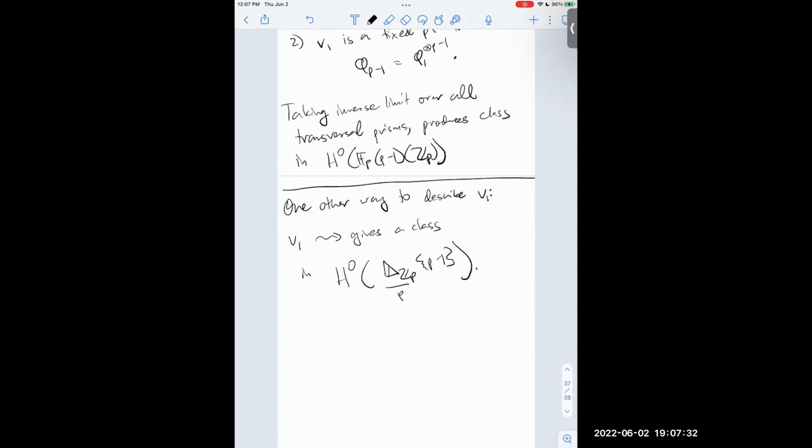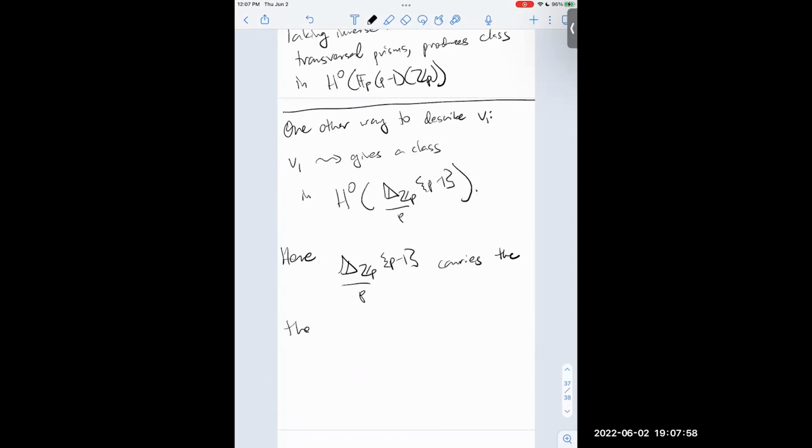It comes with the Nygaard filtration, and the associated graded pieces have a nice description, and you can describe V1 up to filtration. So actually this is useful for the proof. Here, the prismatic homology of Zp twisted by p minus 1 mod p carries the Nygaard filtration, and there's a nice description of its associated graded pieces. And so one has the following theorem.